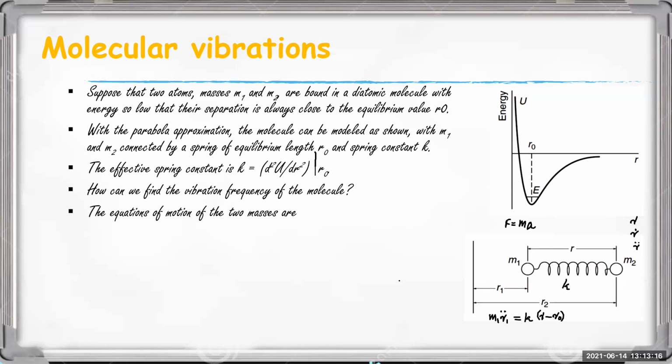So this is for the first one, and for the second one, m2 r2 double dot is equal to k into r minus r0, but it is not this one.